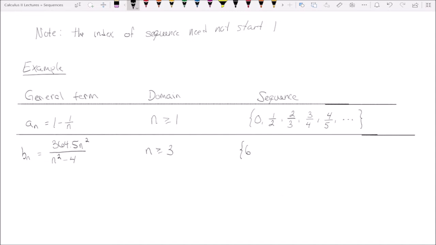And the sequence is 656.1, 486, 433.9, 410.1, 396, so on and so forth.